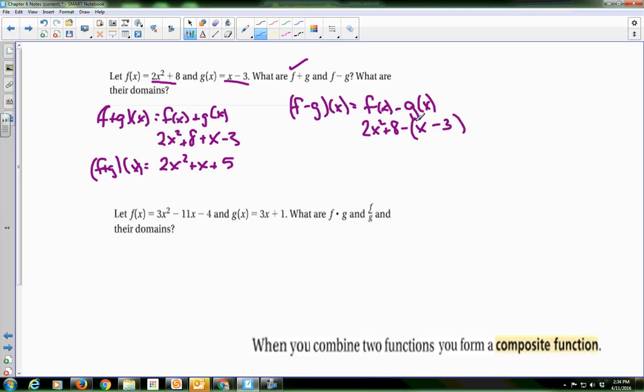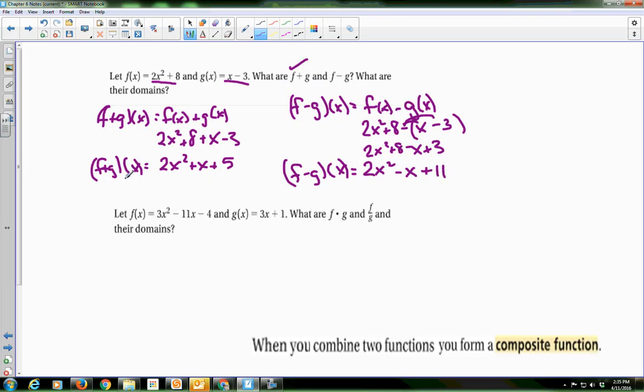Then I'm going to distribute out the negative to these values here. So 2x squared plus 8 minus x plus 3. So I again have my 2x squared, and then I have my minus x, because x doesn't have a like term, and then 8 plus 3 is 11.